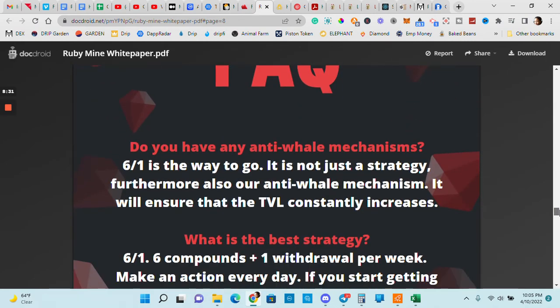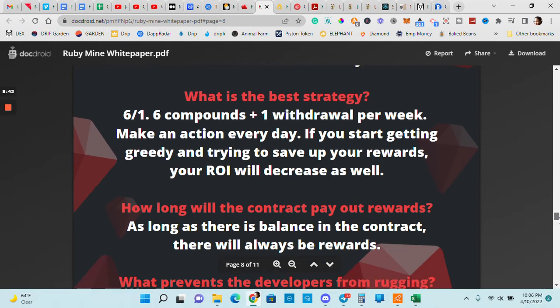FAQ. Do you have an anti-whale mechanism? 6-to-1 is the way to go. It is not just a strategy. Furthermore, it is also our anti-whale mechanism. It will ensure that the total value locked constantly increases. We've seen how that has gone with Baked Beans. That's kind of the same strategy. 6-to-1, so six compounds, 1 withdrawal per week.